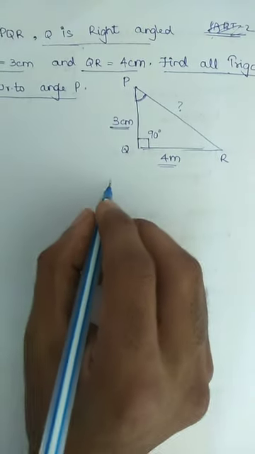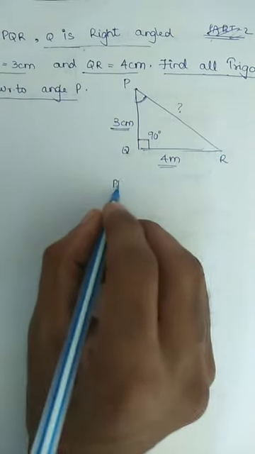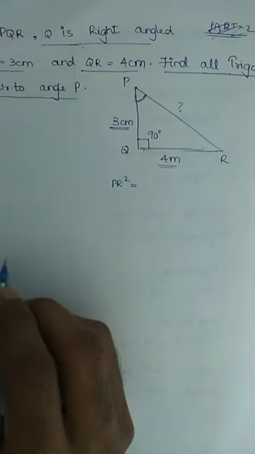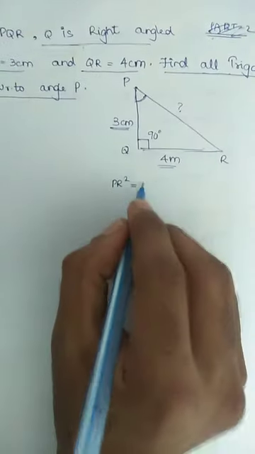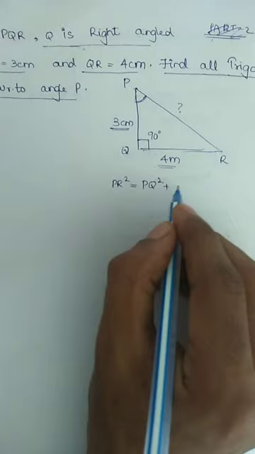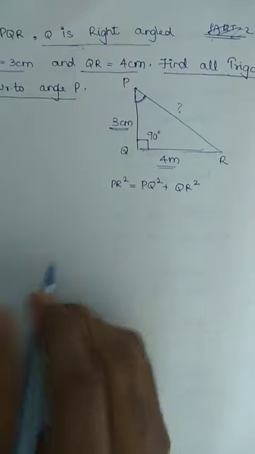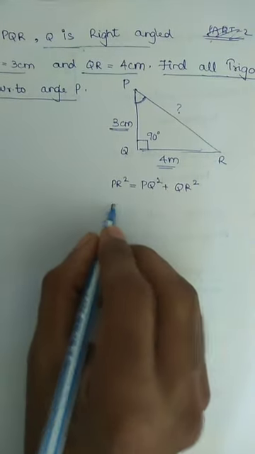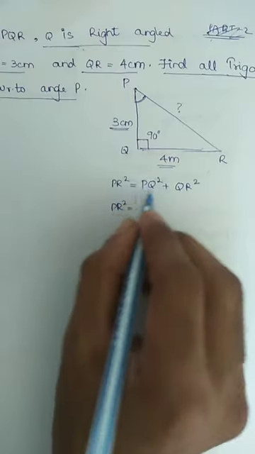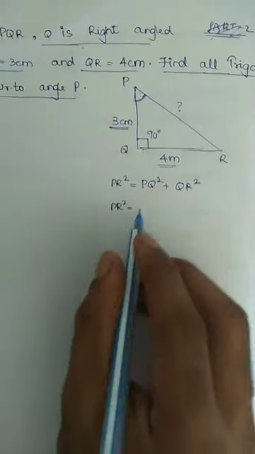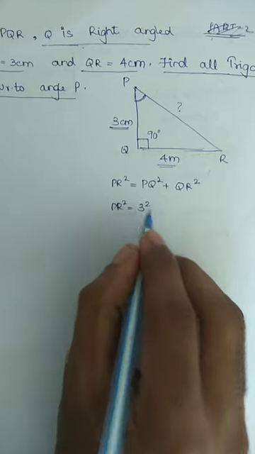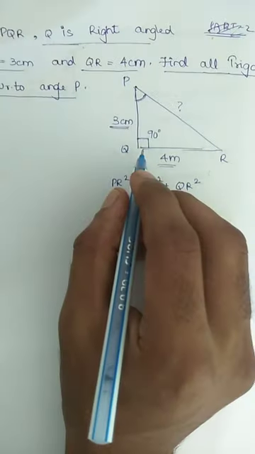According to this theorem, the hypotenuse square PR square is equal to PQ square plus QR square. So PR square is equal to, what is PQ? PQ is 3 centimeters, so it is the square of 3 plus QR.